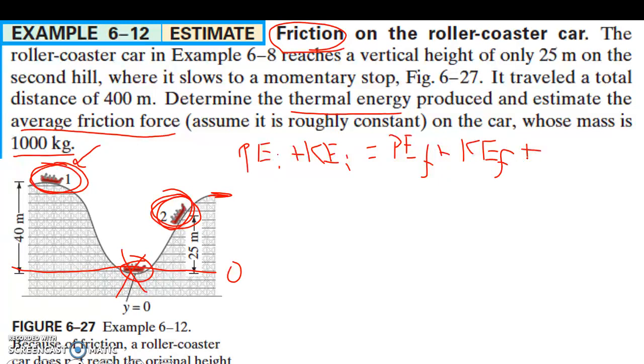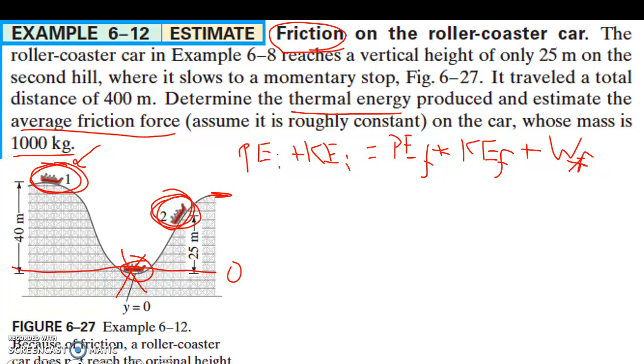Now, the other thing I'm going to add to this is the non-conservative forces or work. We're going to call it thermal work. You call it frictional work. I'm going to call it thermal because that's what they're looking for, thermal energy. So here's where we're at, all right? In fact, I'll call it friction too. So whatever you want to call it, it's work due to friction, okay?